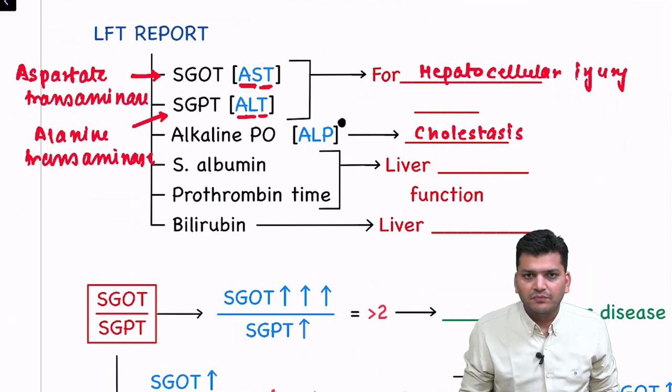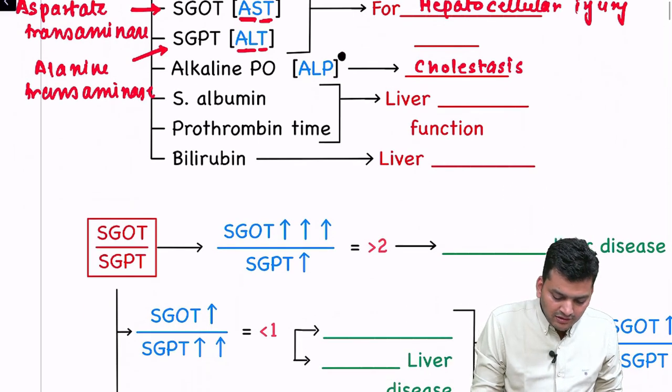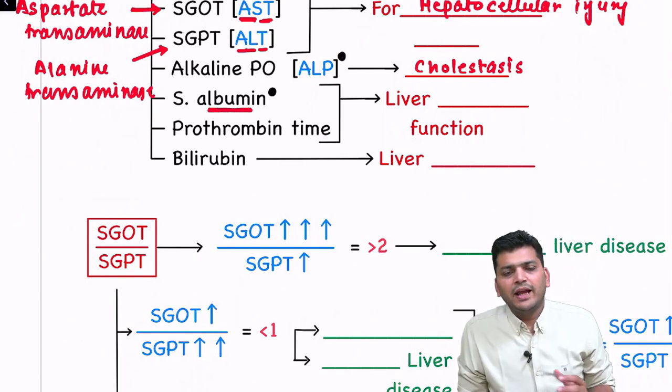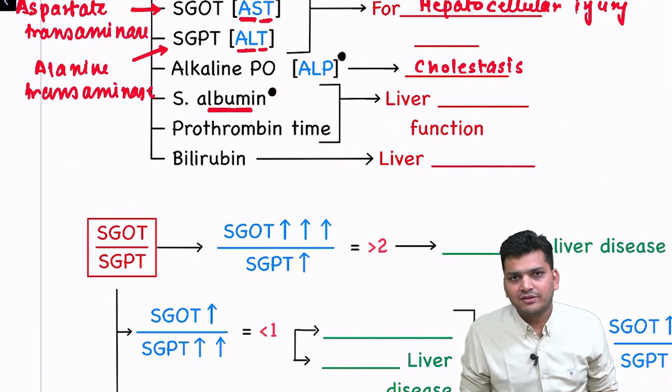Serum albumin and the prothrombin time. Serum albumin is a protein which is synthesized in the liver, and prothrombin time depends on the various clotting factors which are synthesized in the liver. So albumin and the prothrombin time indicate how the synthesis function is happening in the liver.